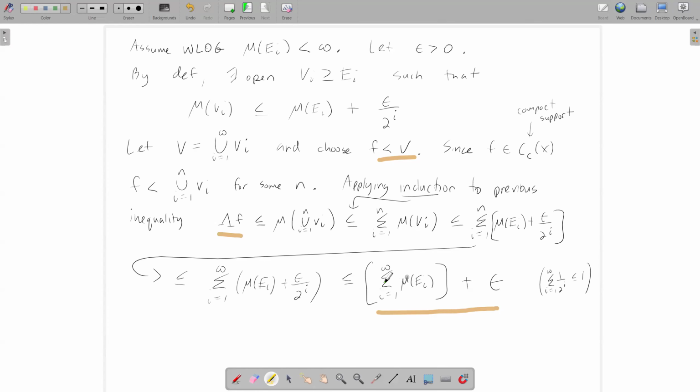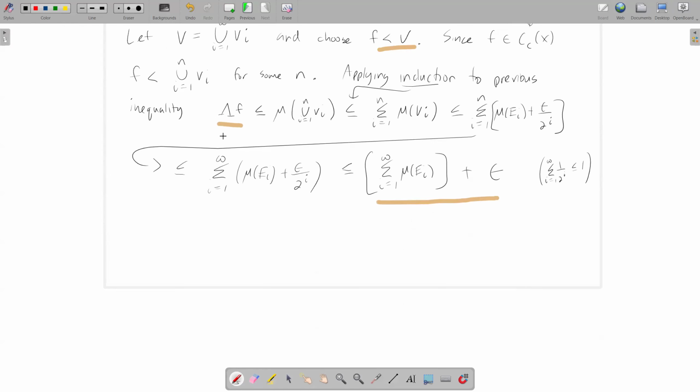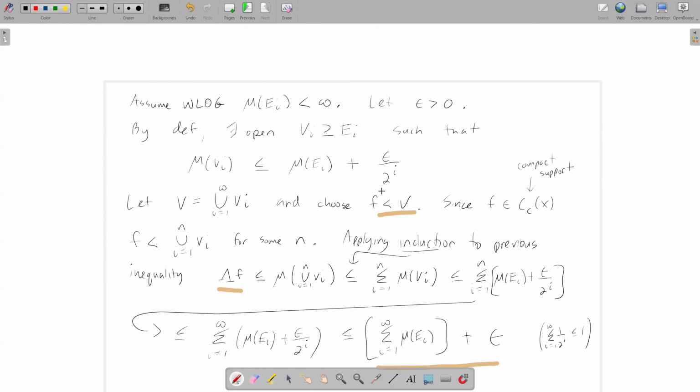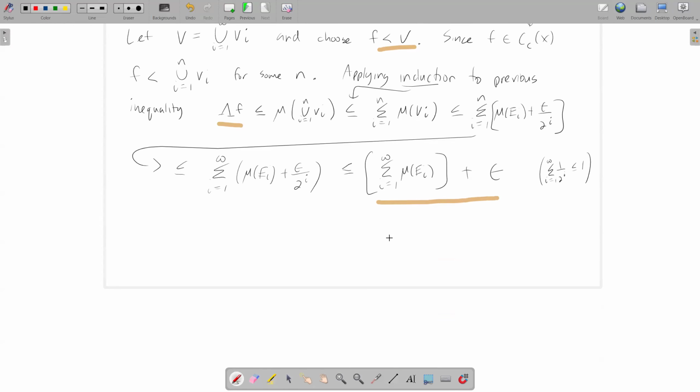the measure of V. So remember, V is the full union, right? Not just the finite one. Okay. So, since this holds for any f that's less than V, that means it's going to hold for V. So the measure of V is less than or equal to this exact thing, the sum of the measure of E_i plus epsilon.